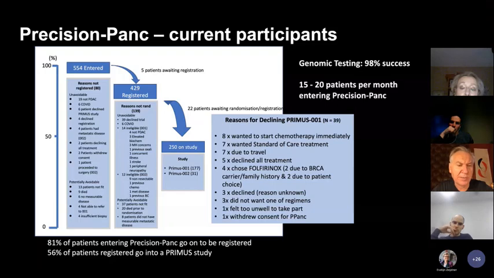So we've gone from 429 that are potentially eligible to 250. So you get about a 50% attrition. We try and understand why that's the case. It's probably mostly performance status, but as you can see, there's a whole bunch of different reasons that one can address as you build your platform and evolve it moving further forward.